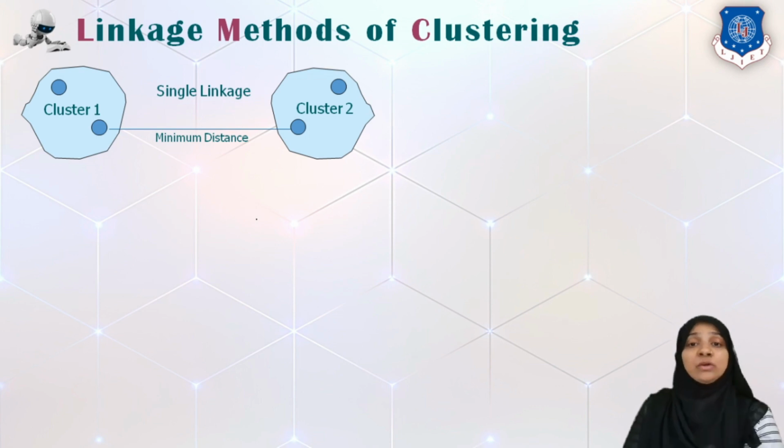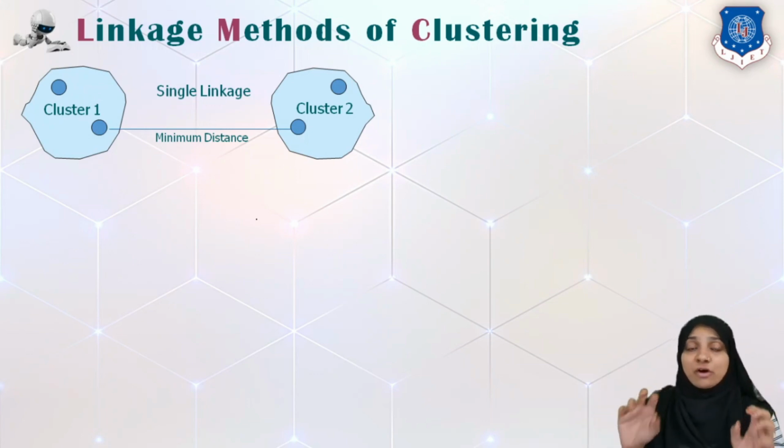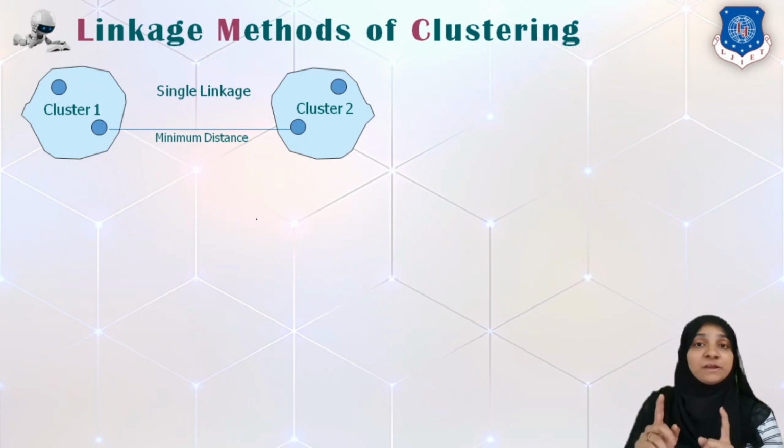Now let us see what we mean by this linkage method of clustering. So there is something called the single linkage algorithm. Consider there are two different clusters and there are several points or data elements or objects in these two different clusters. We have to find the distance between the two clusters, which is represented by the minimum distance between data points.